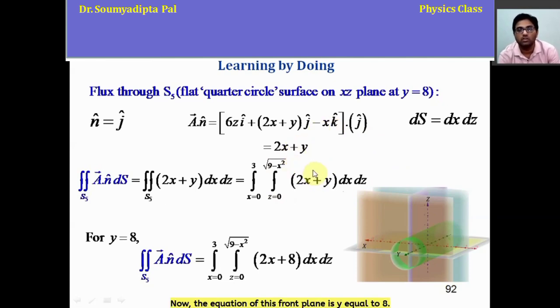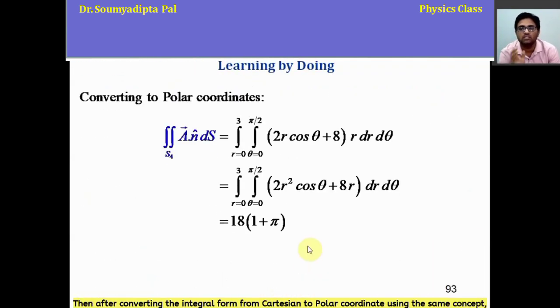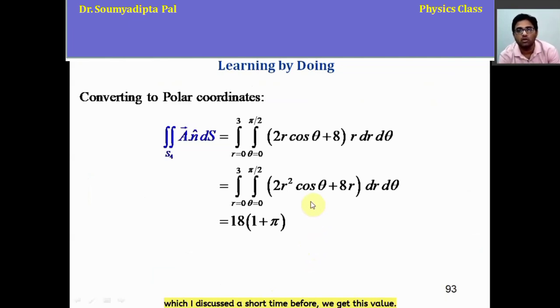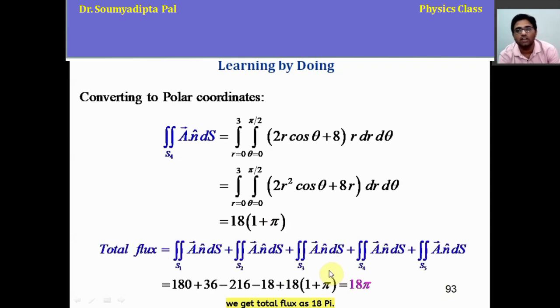Now the equation of this front plane is y equal to 8. So putting this in the integration, we get this form of integral. Then after converting the integral form from Cartesian to polar coordinates, using the same concept which I discussed a short time before, we get this value. Okay. Then adding all the terms, we get total flux as 18 pi.